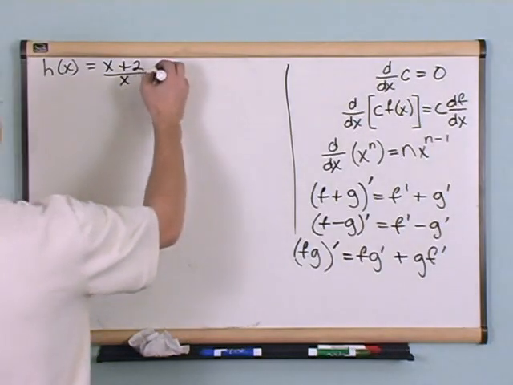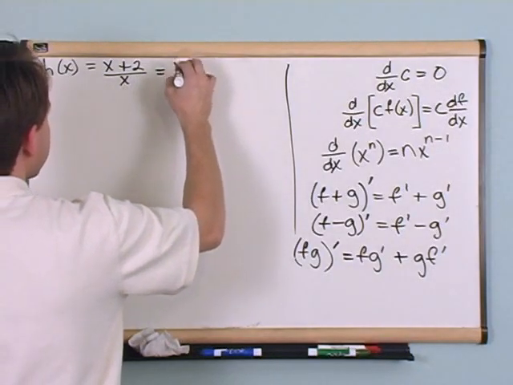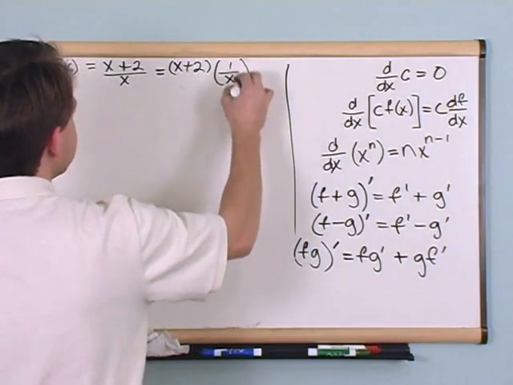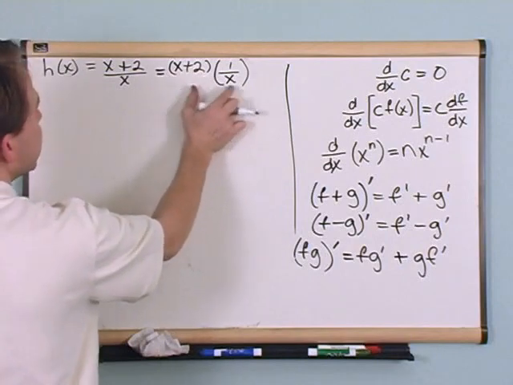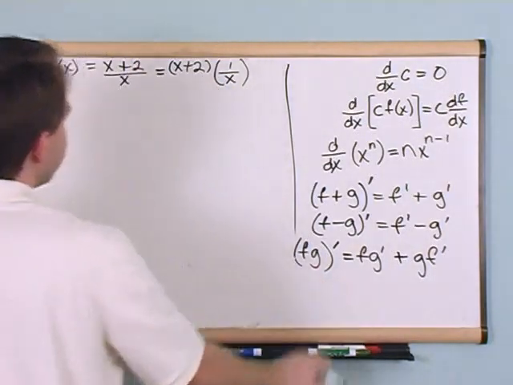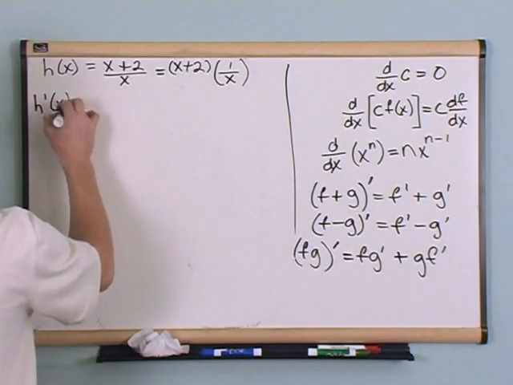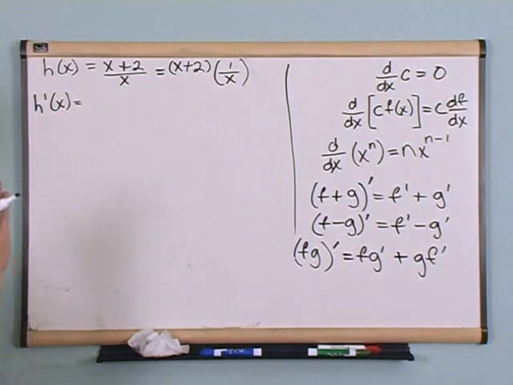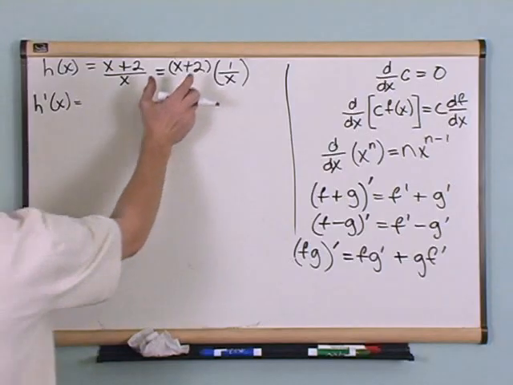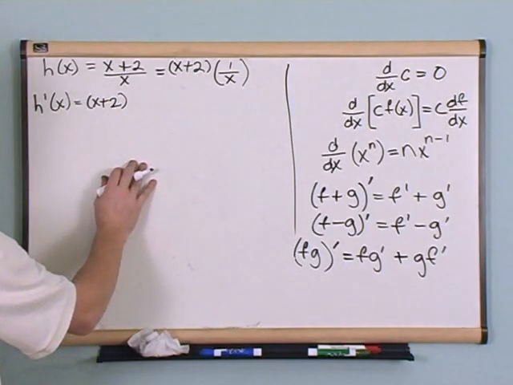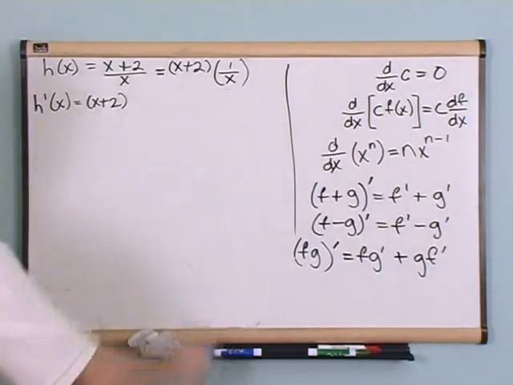But you can rewrite this, you see, as x plus 2 times 1 over x. Now I've got a function of x times a function of x, which is this. So in order to find the derivative, h prime of x, and this is exactly how I think about it when I work problems. I say first, which is x plus 2, okay, times the derivative of the second.